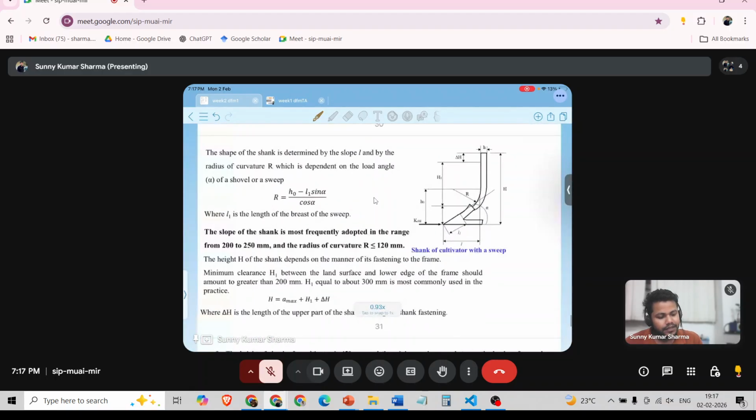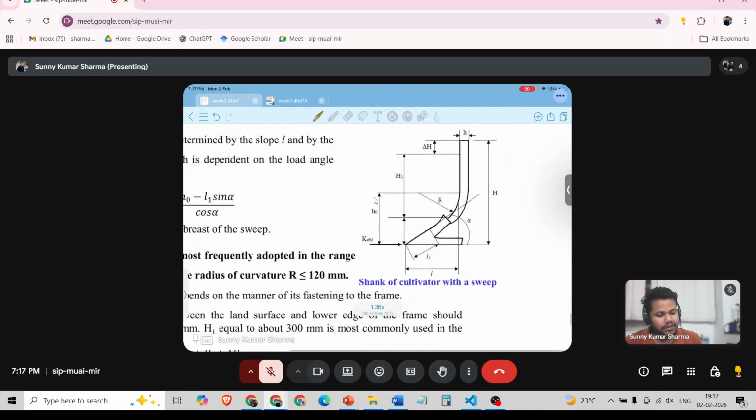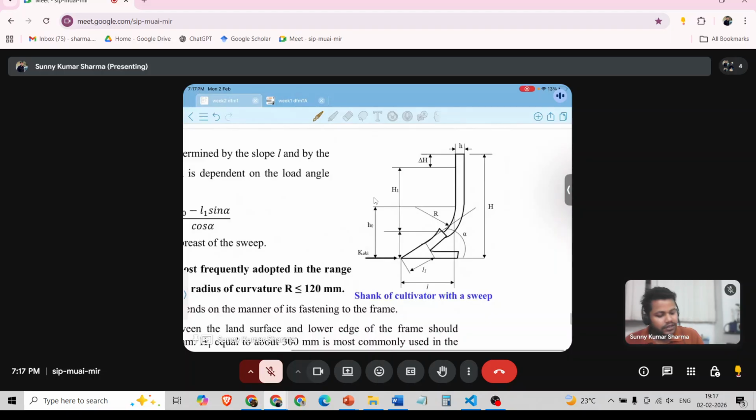And this is the tine, this is the working element. Suppose the working element is of height a max, and h1 is the clearance between working element and the shaft's bottom.